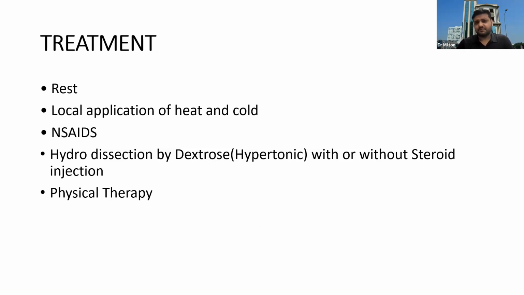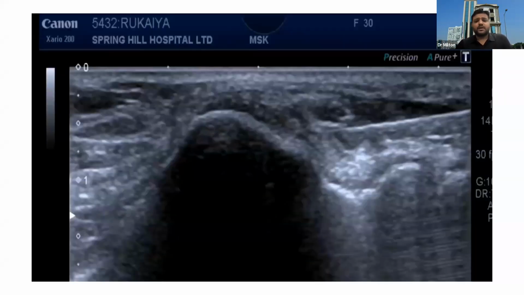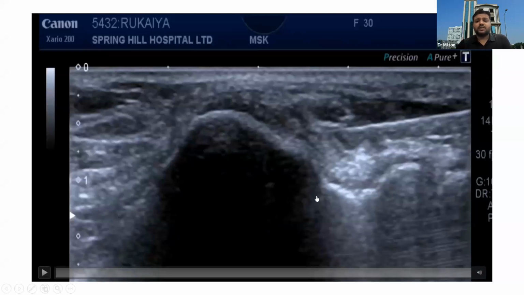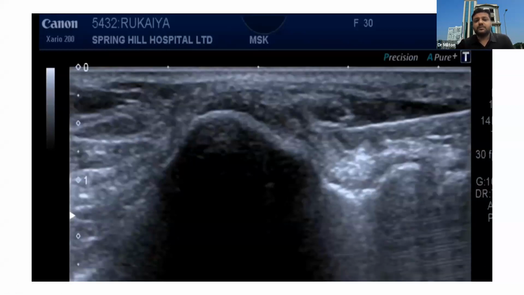If there is loose tissue or loose bones, we should remove them. Okay, here we can see how we hydrodissect. For this patient, we are not doing hydrodissection yet, because hopefully this patient improves with medicine, as the diameter of the ulnar nerve is not so high, and we just advised him to be very cautious when he drives the motorcycle.